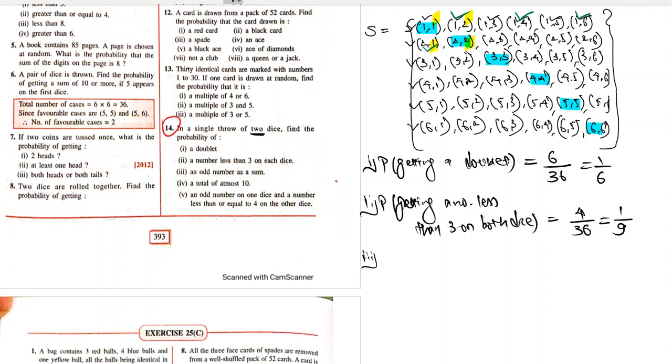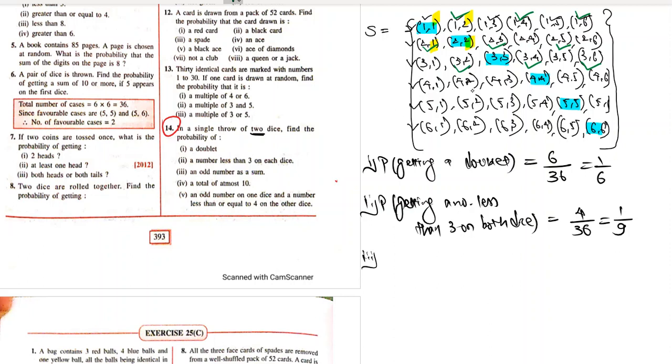Then 2 comma 1, 2 comma 3, 2 comma 5, 3 comma 2, 3 comma 4 and 3 comma 6. So I'm getting 3 numbers from each row. Have you observed that? From the first row I got 1 comma 2, 1 comma 4, 1 comma 6. From the second row 2 comma 1, 2 comma 3, 2 comma 5. From the third row 3 comma 2, 3 comma 4, 3 comma 6, because I want the sum as an odd number.